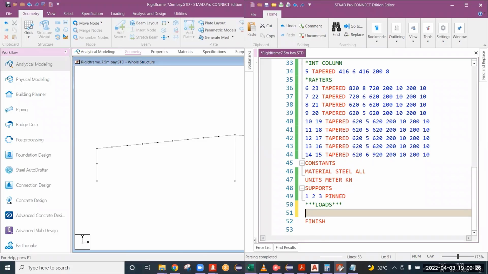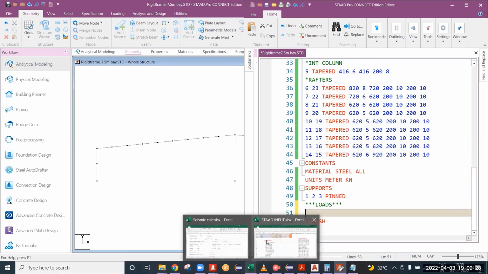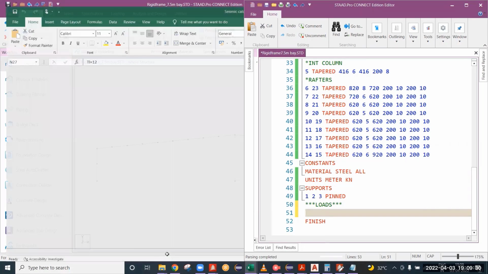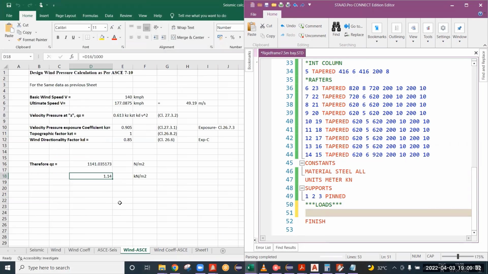Whatever values we have done, seismic calculations and wind calculations, we have seen, right? We did the design wind pressure calculation as per ASCE 7-10, so according to 7-10 we have to apply loads.